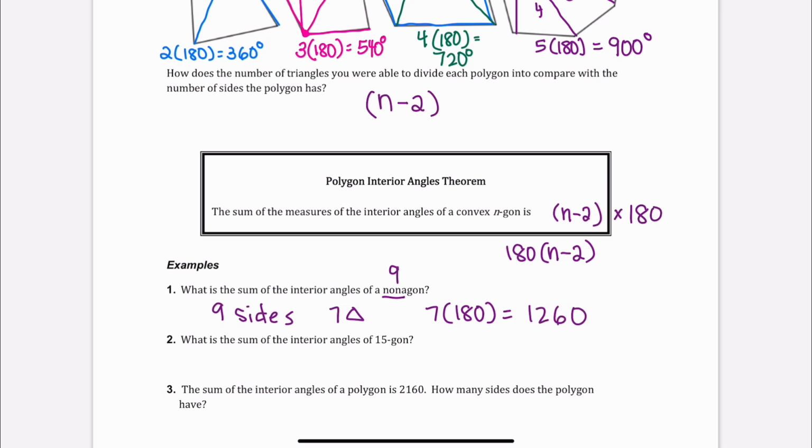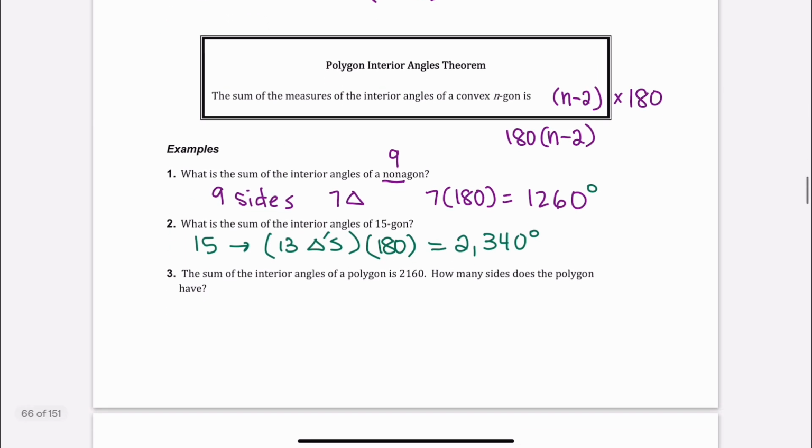Okay, a 15-agon has 15 sides, so we're going to take that and subtract 2 to give us 13 triangles. And we're going to take those 13 triangles and times it by 180 per triangle. That gives us 2,340 degrees if it has 15 sides.